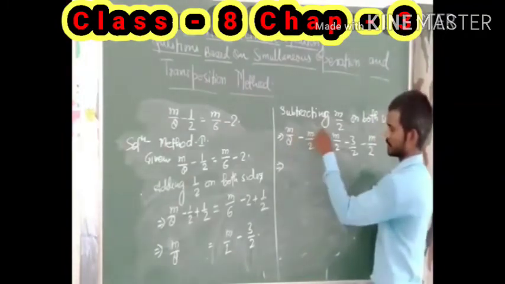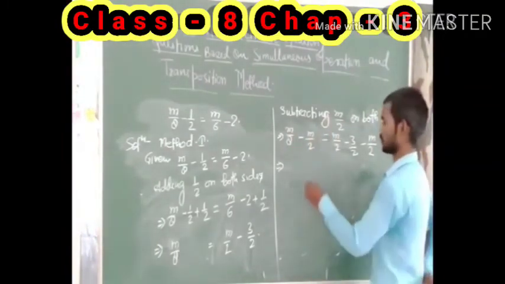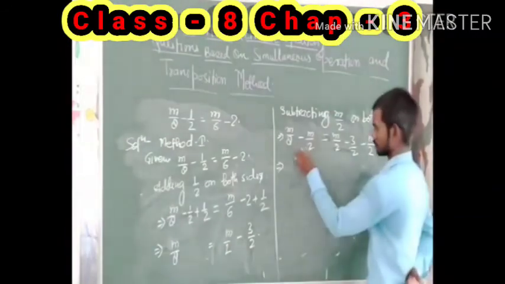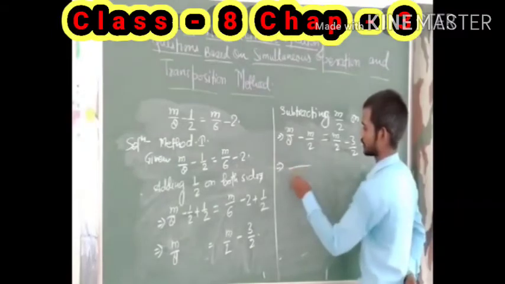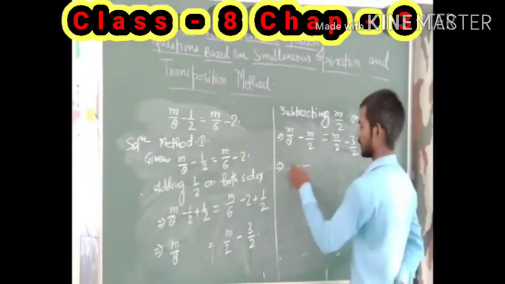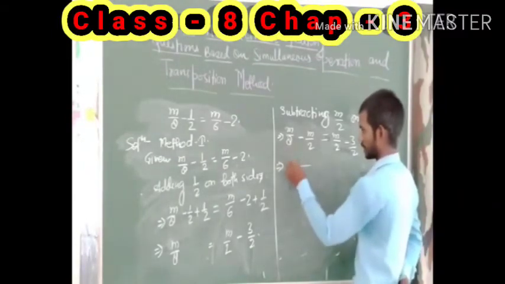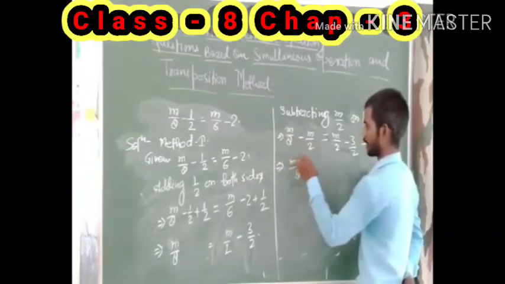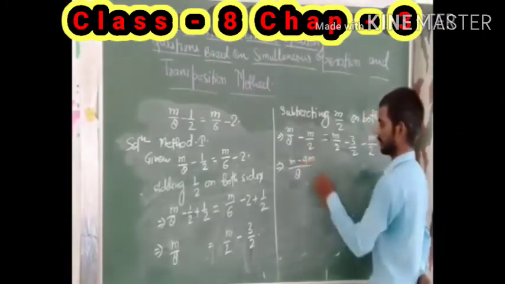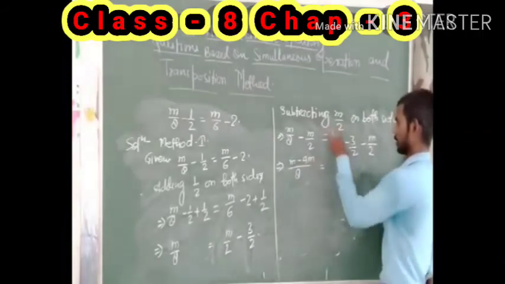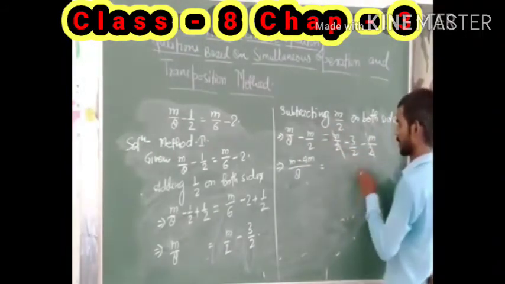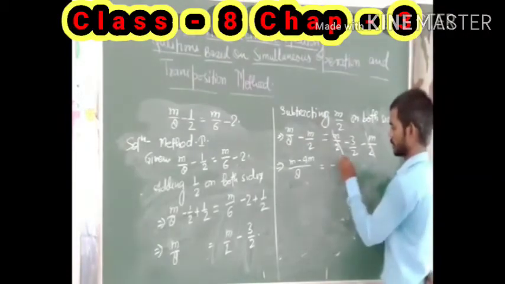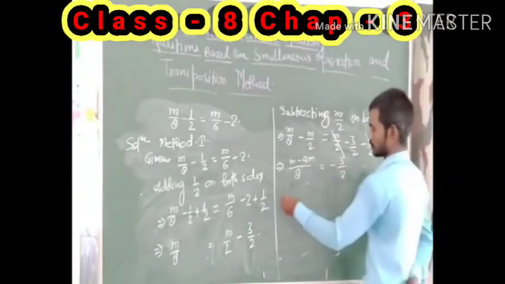And this becomes, when we solve it, this is the LCM, 24, and we get 3m minus 4m upon 24 is equal to m upon 6 cancels out with minus m upon 6, and we get minus 3 upon 2.